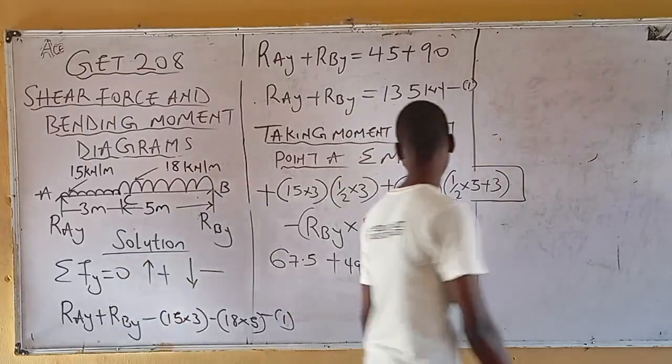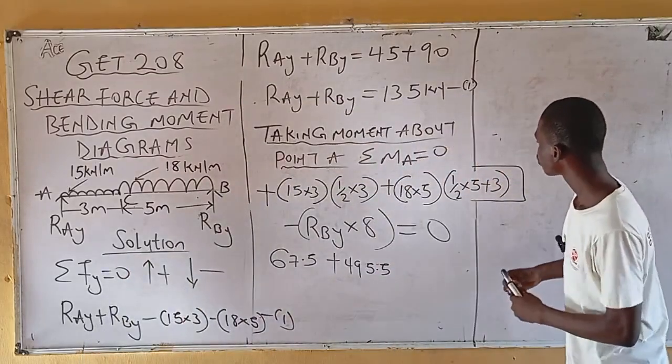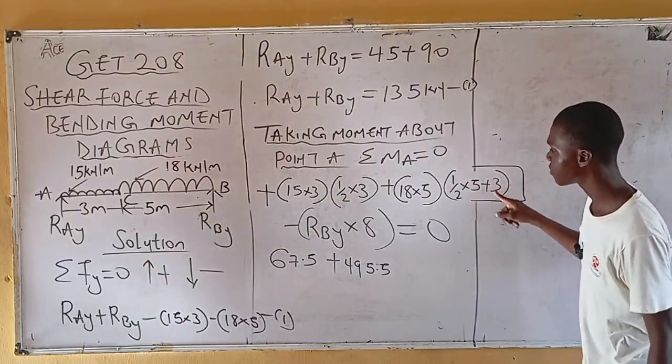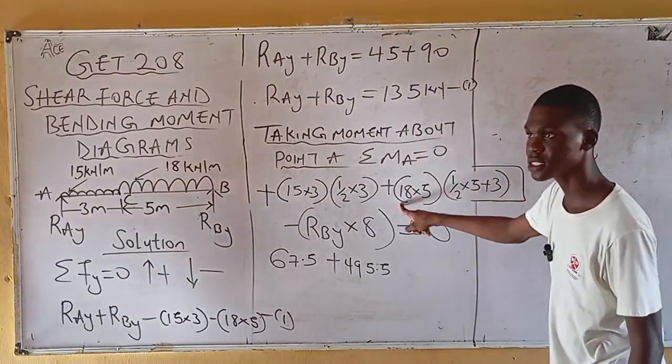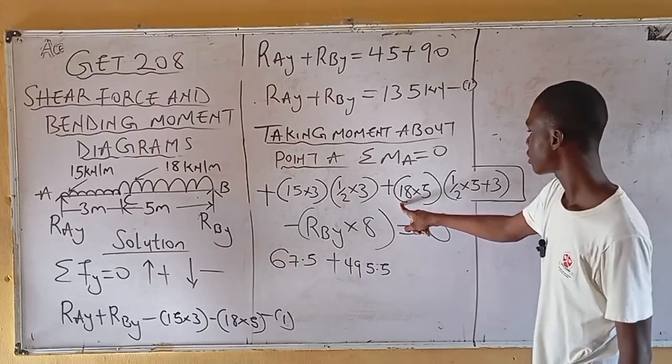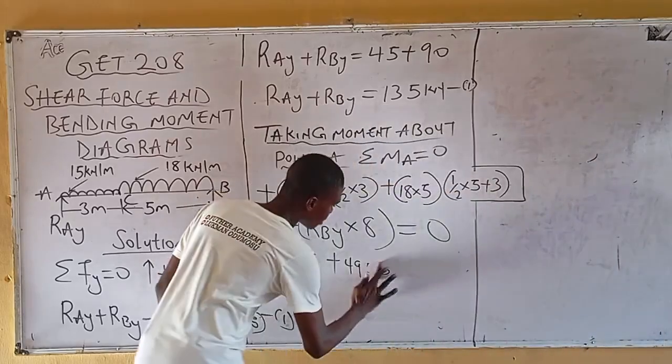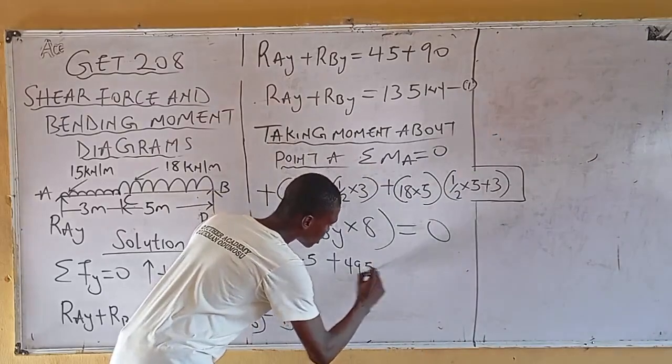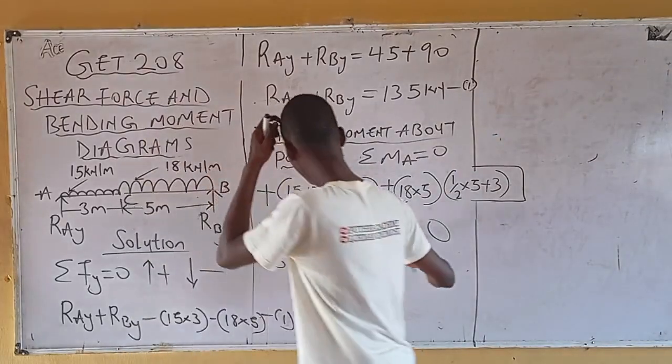Are you guys sure? 2.5 plus this will give me 5.5. 5.5 times 5 times 18 is what? Times 90, that's 495.